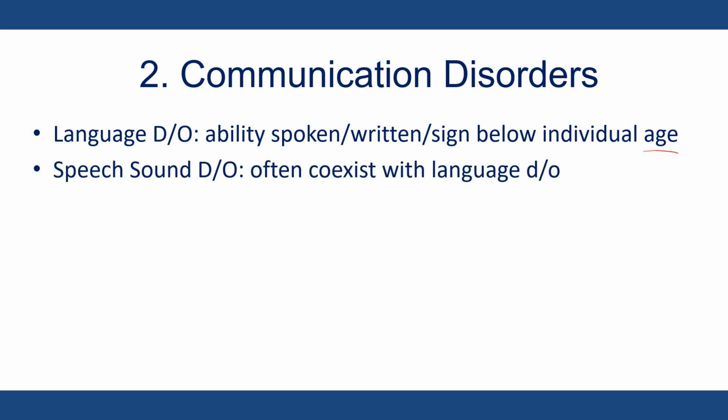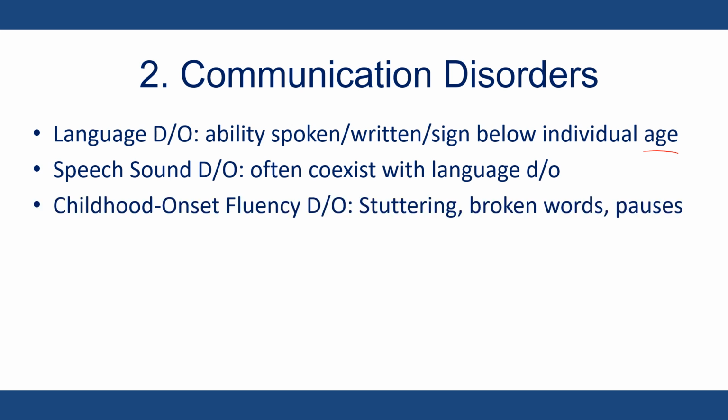So it's how well that child can speak overall language. All right. Second is speech. Now, speech often coexists with a language disorder, and you may have a child who's struggling with both language and speech. With the speech, it's really about the pronunciation of those words. Now, childhood onset fluency is the third subcategory.